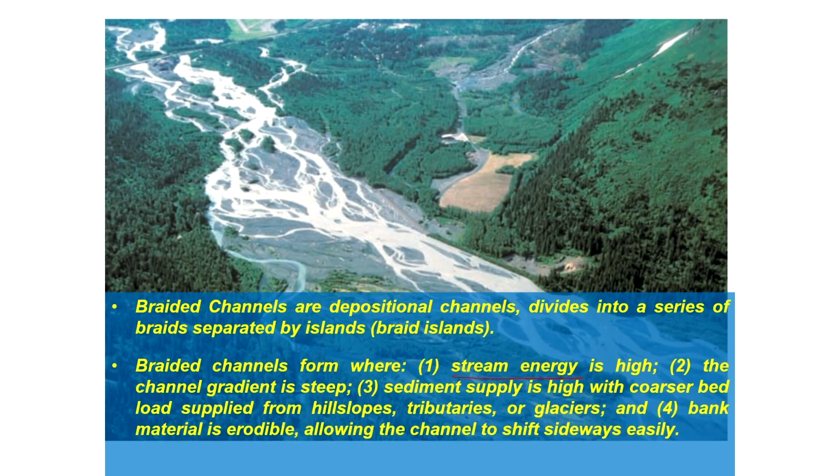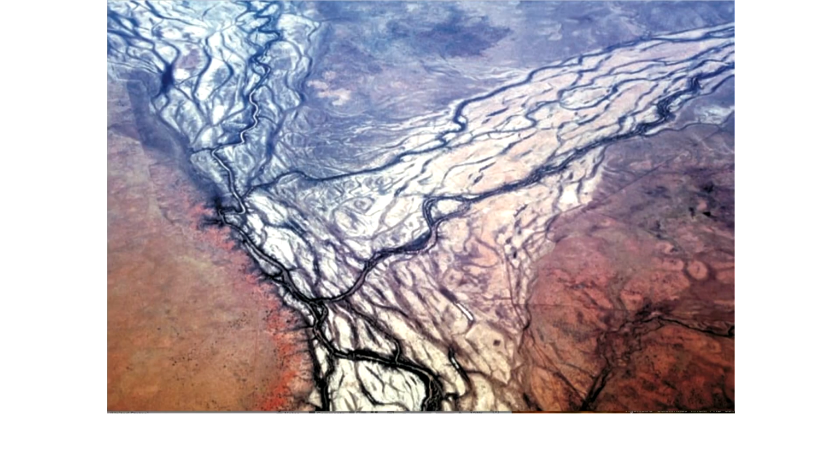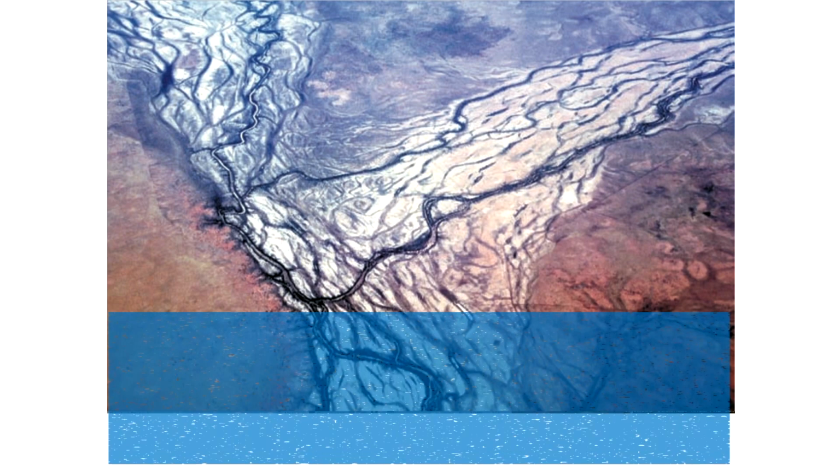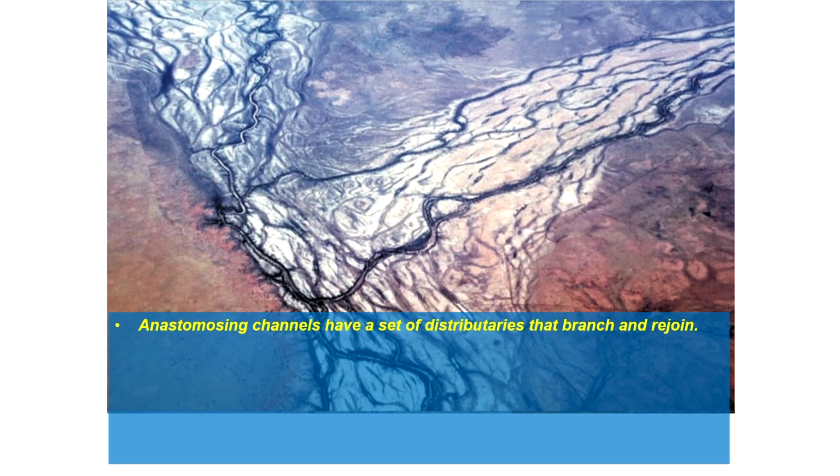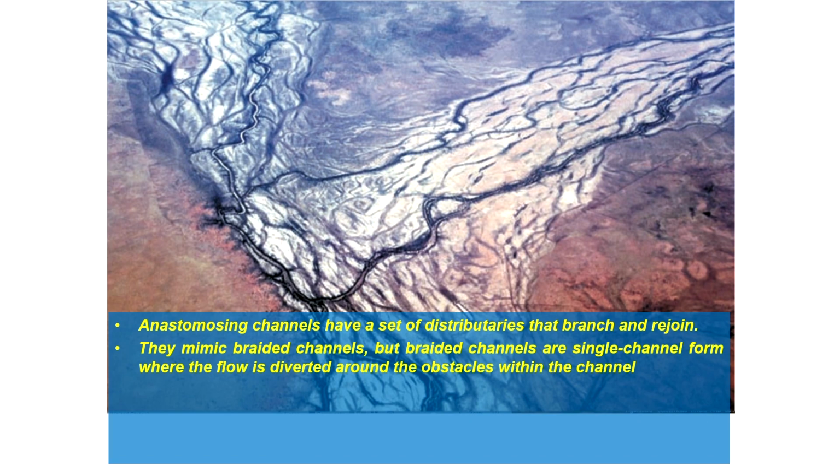This is for the braided, and there is another channel pattern which we call anastomosing channels. They almost mimic the braided channels. Anastomosing channels have a set of tributaries that branch and rejoin.